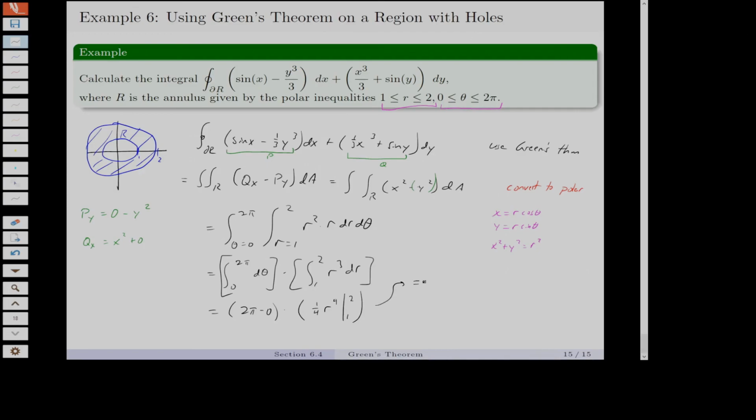So we have 2 pi times 1/4 times 2 to the 4th minus 1/4 times 1 to the 4th, where 2 to the 4th is 16 and 1 to the 4th is 1.